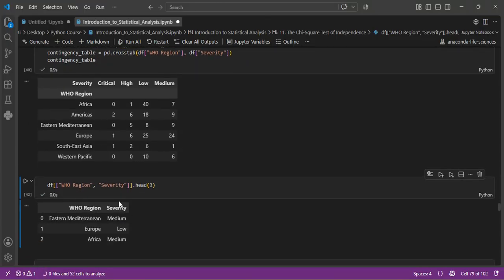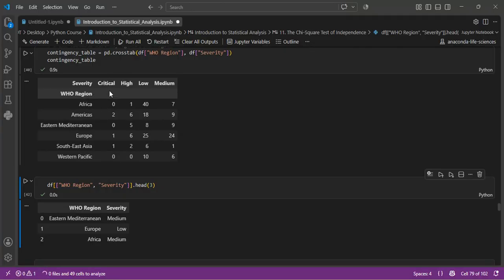So you have the critical, high, low, and the medium. And then for each of them under the WHO region, how many countries were under the critical column, or had that critical threshold over here? So here it returns 0, and it will do the same for all of them. So that is what the crosstab does.